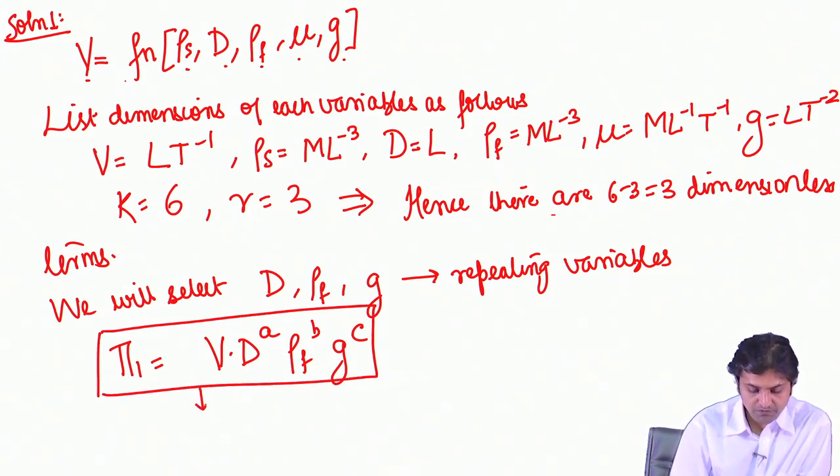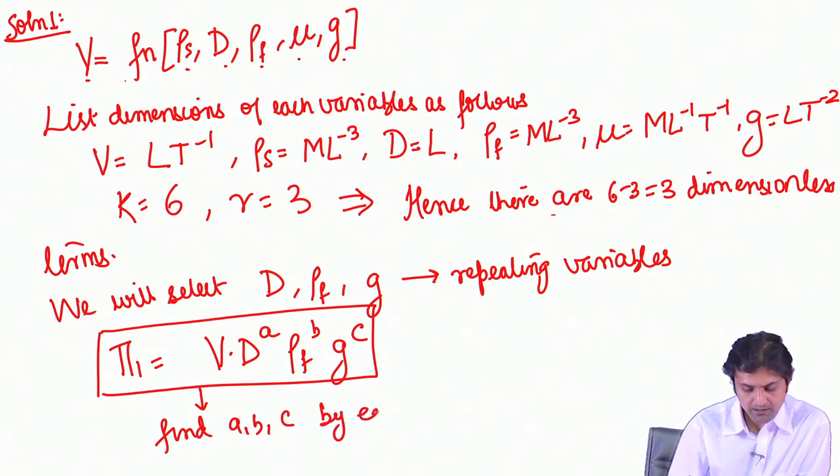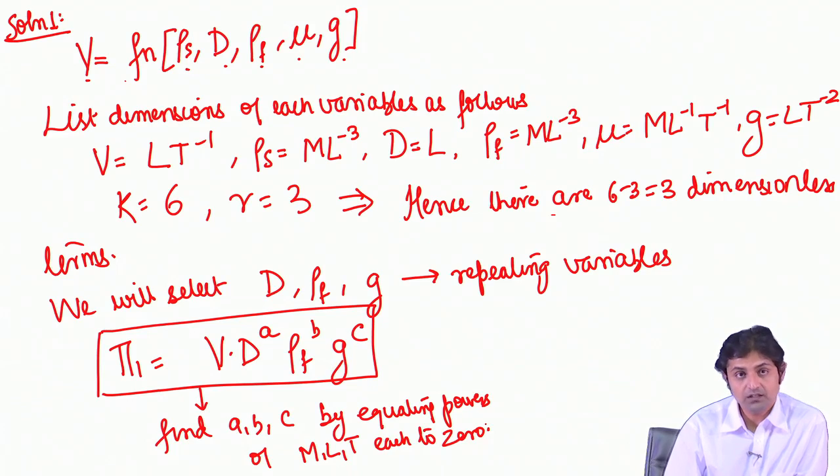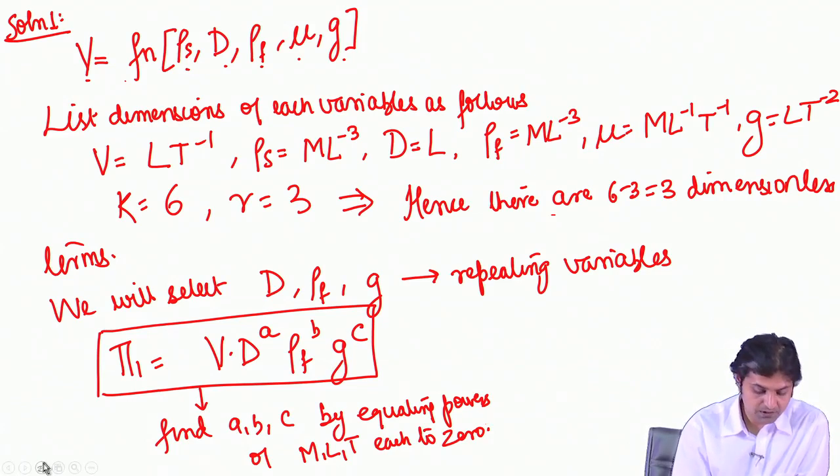Now, we have to find a, b and c by equating the powers of M, L and T each to 0. And we will do this on the next page.